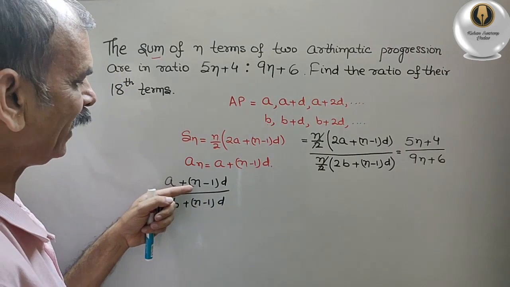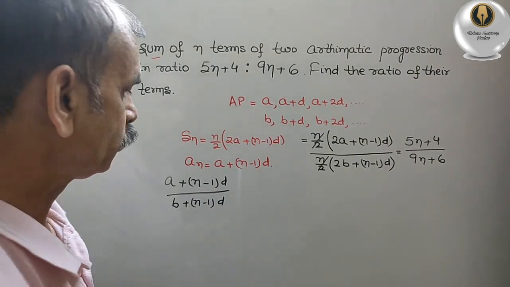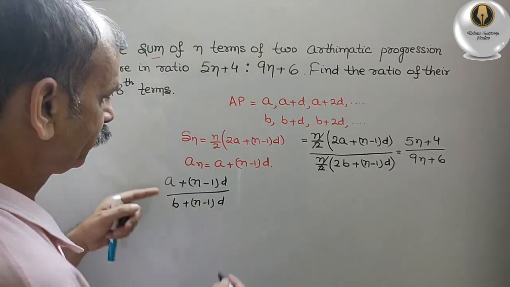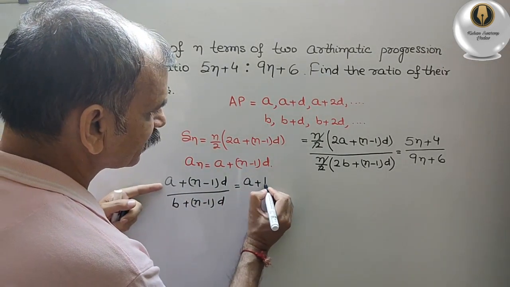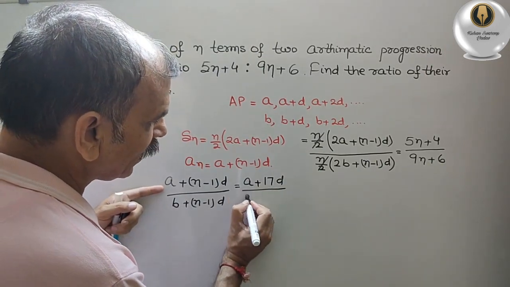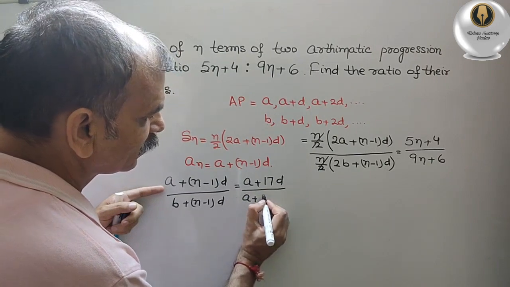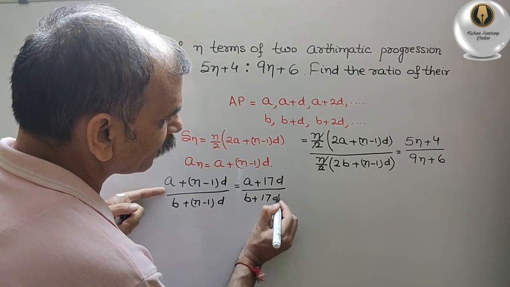But they have told the 18th term, that means n is 18. So you will get a plus 17d, and here b plus 17d.